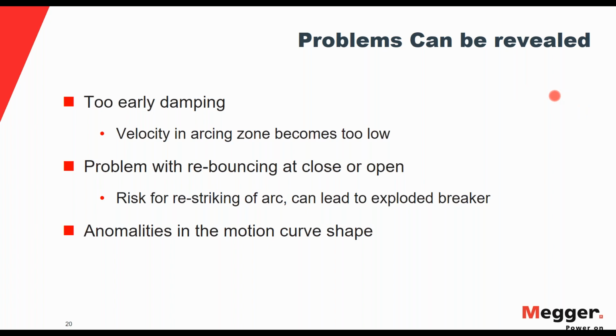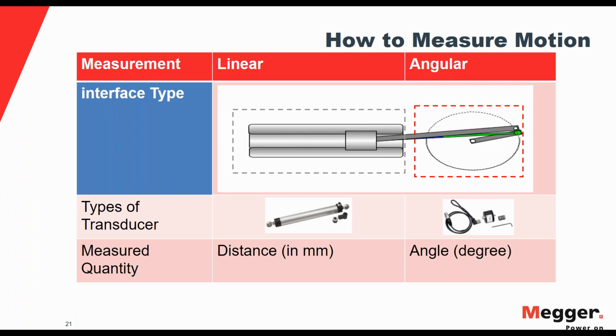So since we know what a motion test is and why it is important, what information can we get from a motion test, and how can we do this test? When you are talking about motion in circuit breakers, two concepts are important for us to understand. The motion can be captured either as a linear motion, a movement along a line.